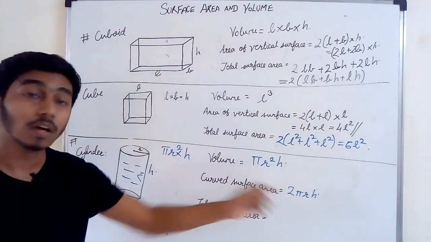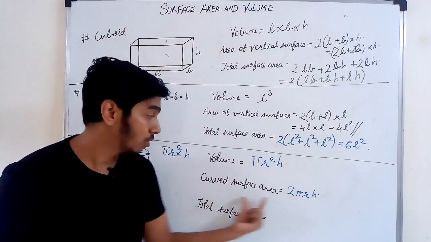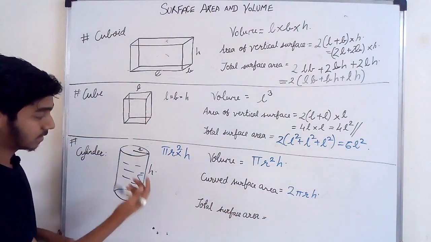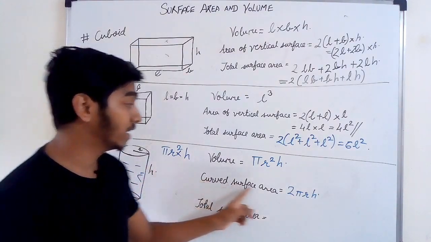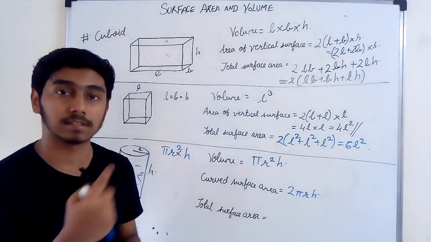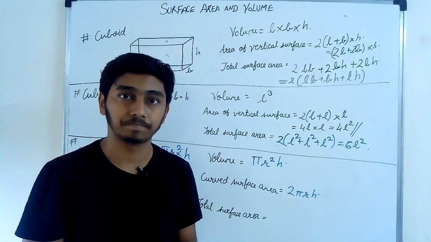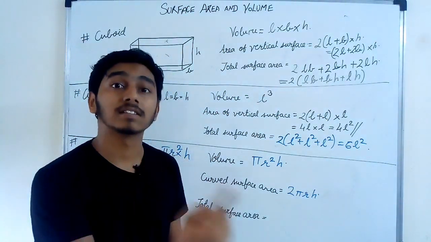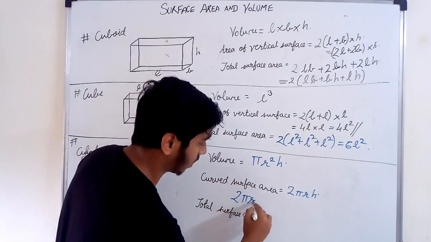Why is this so? Because we are finding surface, not volume. For finding the curved surface, imagine bangles kept one on top of the other. Each bangle is a circle, and the circumference of a circle is 2 pi r.